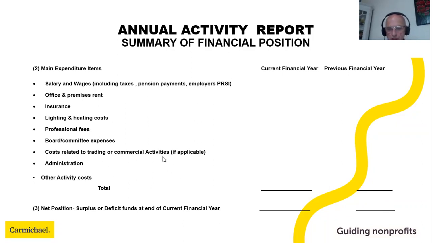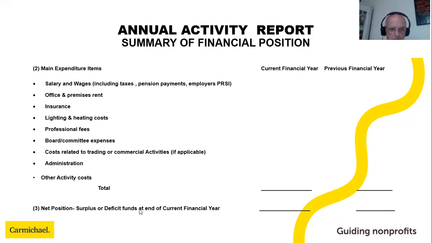Again, each organisation will be different, and your accountant will give you help with the headings. Your funder will demand expenditure under certain headings, so make sure your financial summary uses the same headings to make it easy to read.